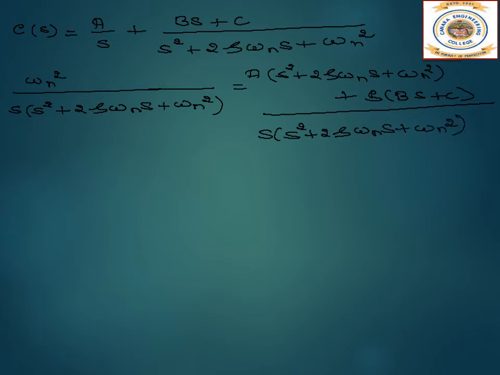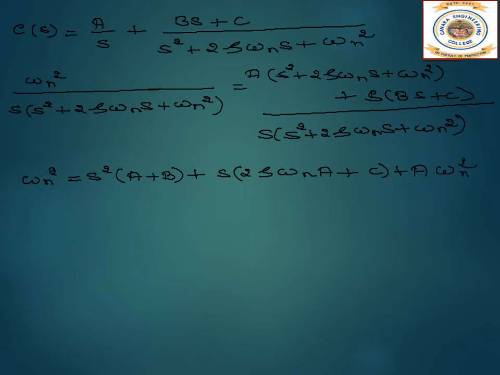Now what we have to do is compare the numerators here. So omega n square is equal to, let us first take the common terms together, s square into (A plus B) plus s into (2 zeta omega n A plus C) plus A omega n square.